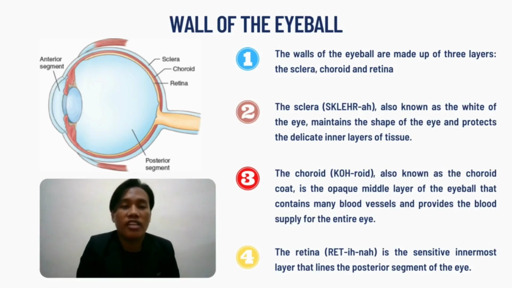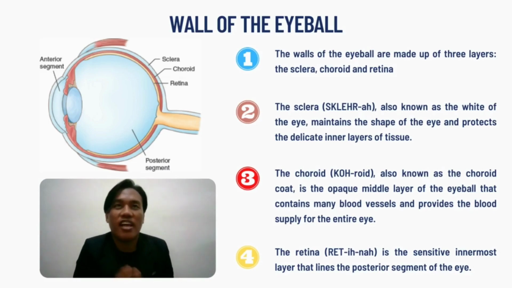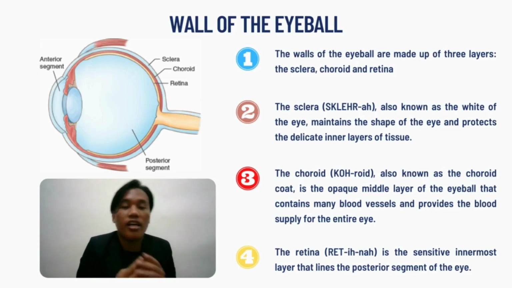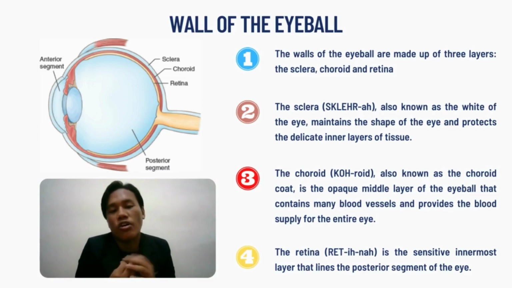So now let's talk about the walls of the eyeball. The wall of the eyeball is made up of three layers, which are the sclera, choroid, and retina.